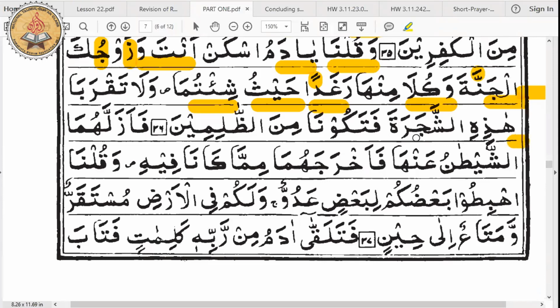Jara. Fata. Kuna. Minza. So how do we read this one? Min, meem, and then noon has fatah. Mina zalimin.